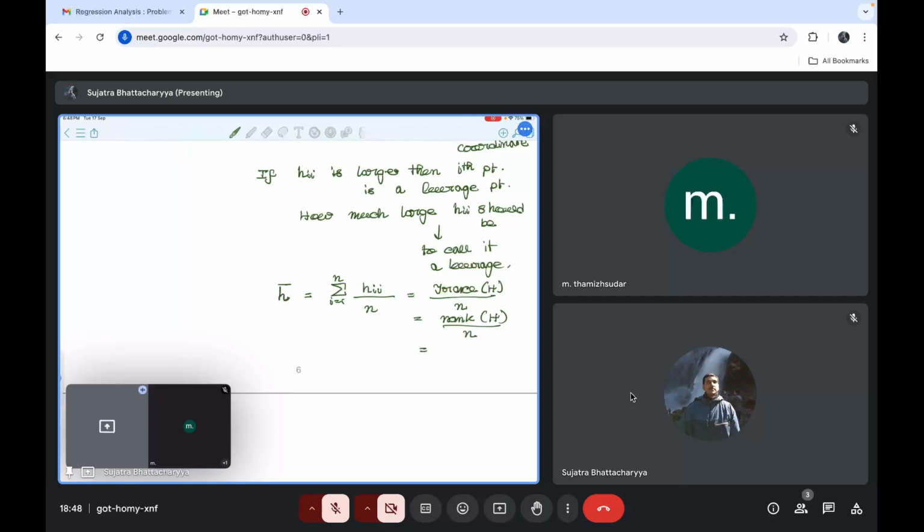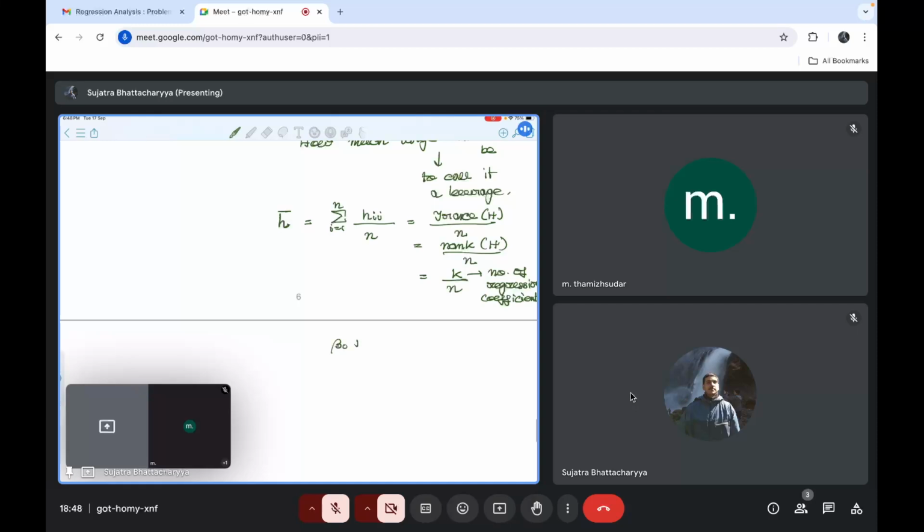Or finally, it can be called K by n, where K is the number of unknown parameters or regression coefficients. How many regression coefficients are there in beta naught plus beta 1x 1 plus beta 2x 2?